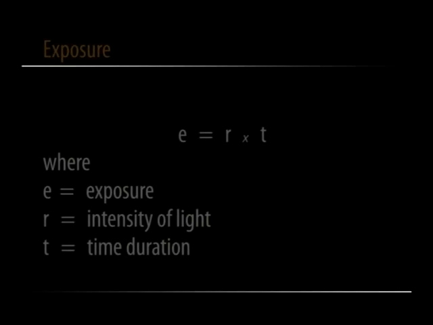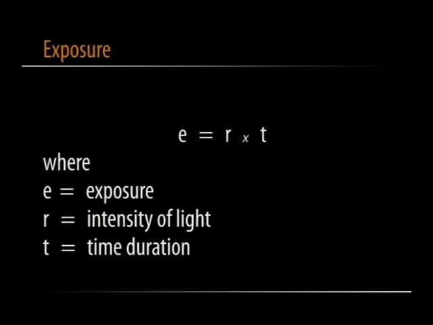So, to control the exposure, we have two devices in the camera. One is situated in the lens, that is the aperture. The other one is situated on the camera body, that is the shutter. Now, by combining these two, you can control the exposure.